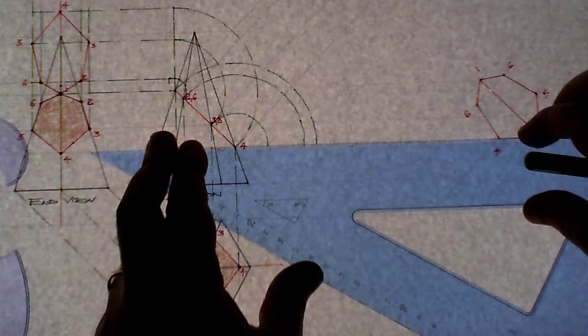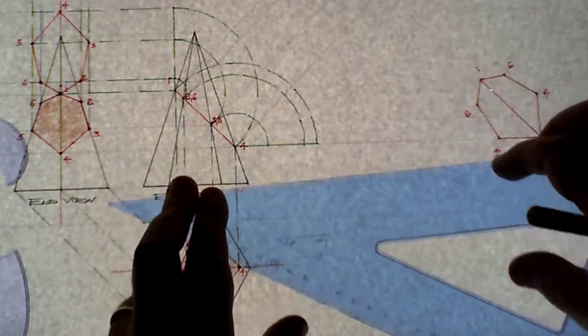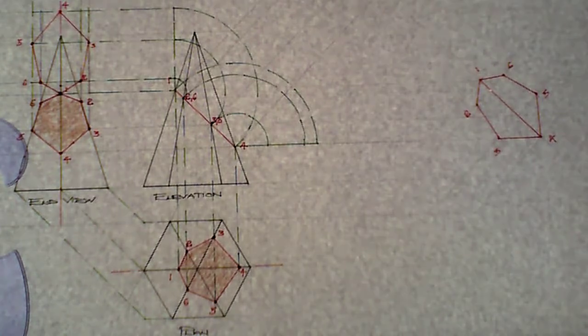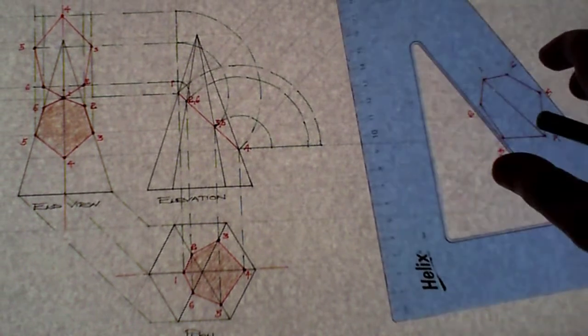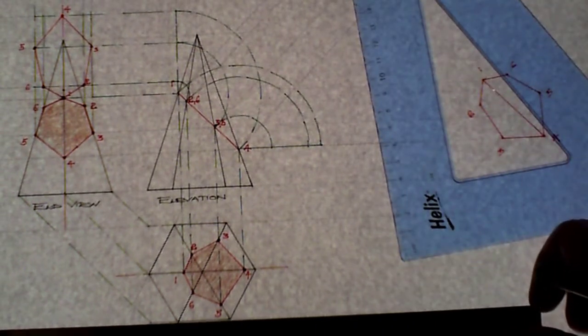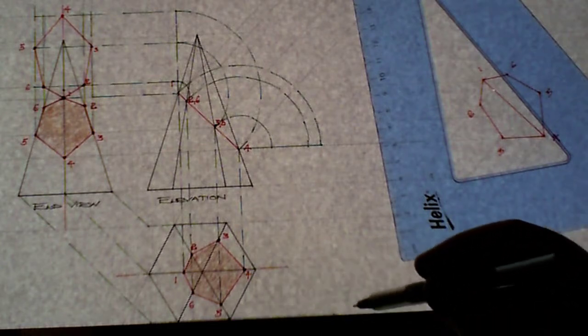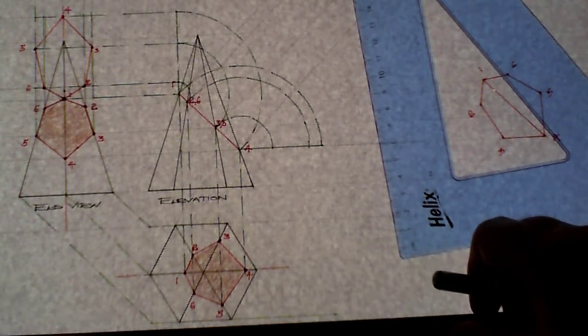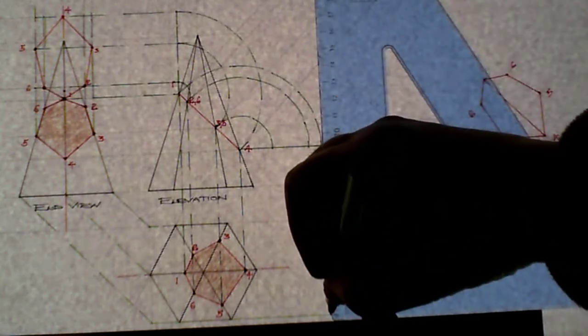Points 4 to point 1 there. And now what I'm going to do is I'm going to bring those points down towards the plan. So each of these points, bring them down.